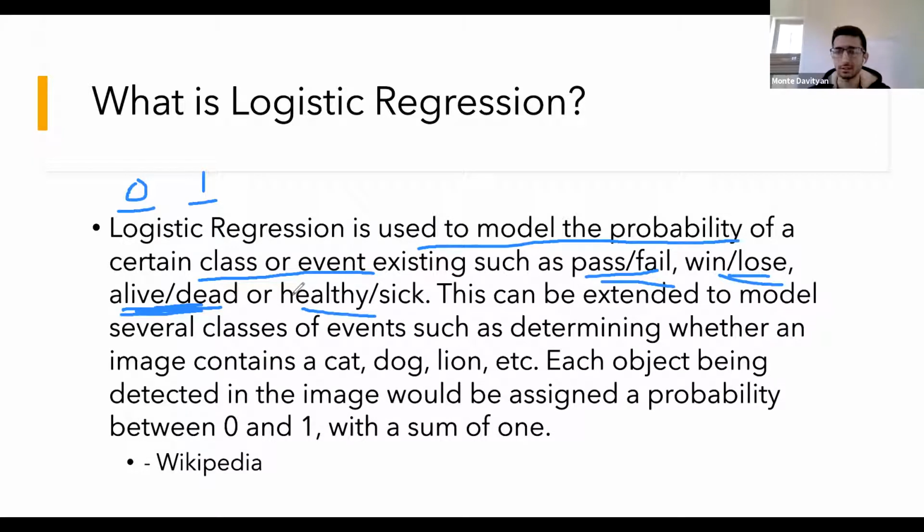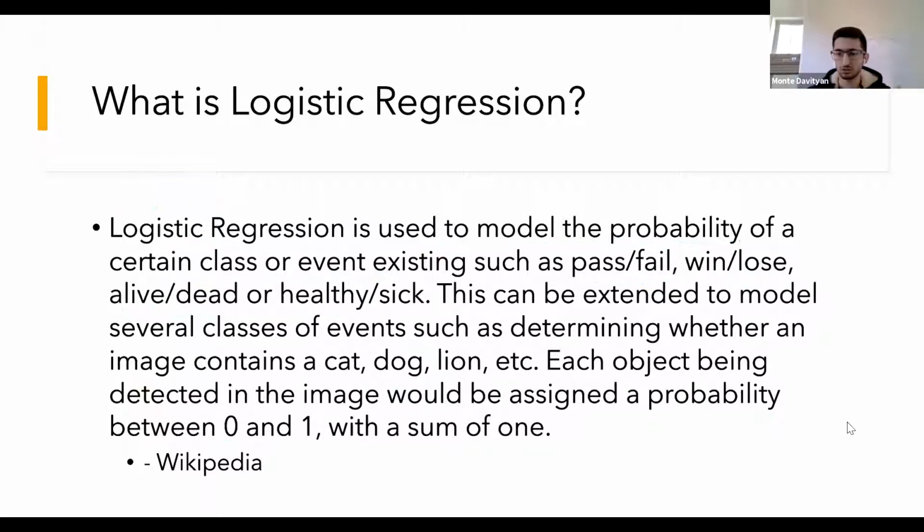You can extend this to more, which is a little bit more complicated, but definitely possible. Given an image, you can ask, is it a cat, dog, lion, etc. So more classes, 0, 1, 2, etc. The output is a probability between 0 and 1, and if you add that all up, you get a sum of 1.